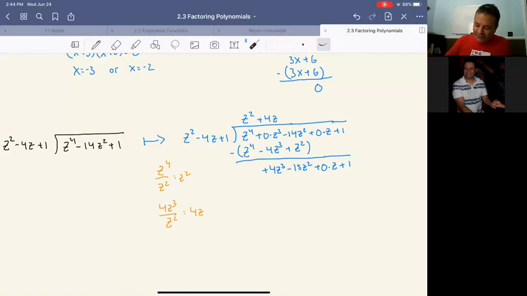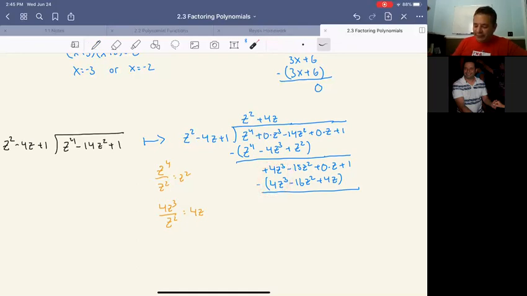So the 4z times z squared minus 4z plus 1 is going to be 4z cubed minus 16z squared plus 4z, and then you're going to subtract it. Again, the leading term is supposed to disappear.